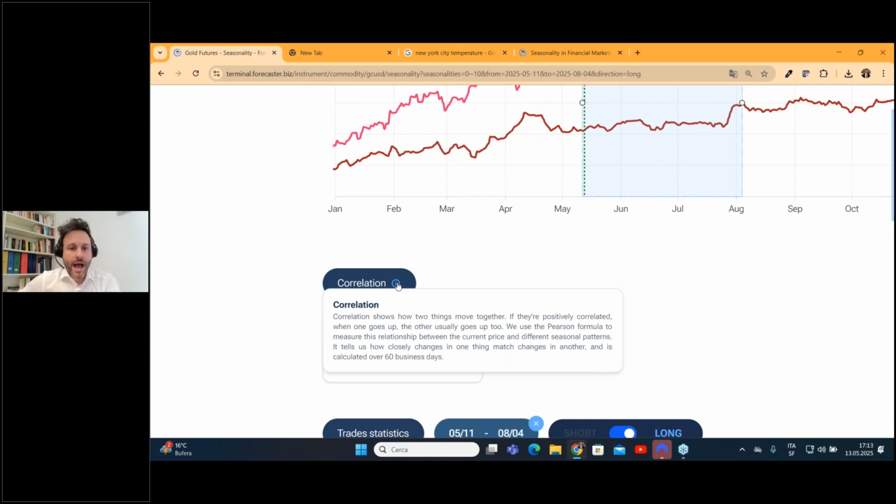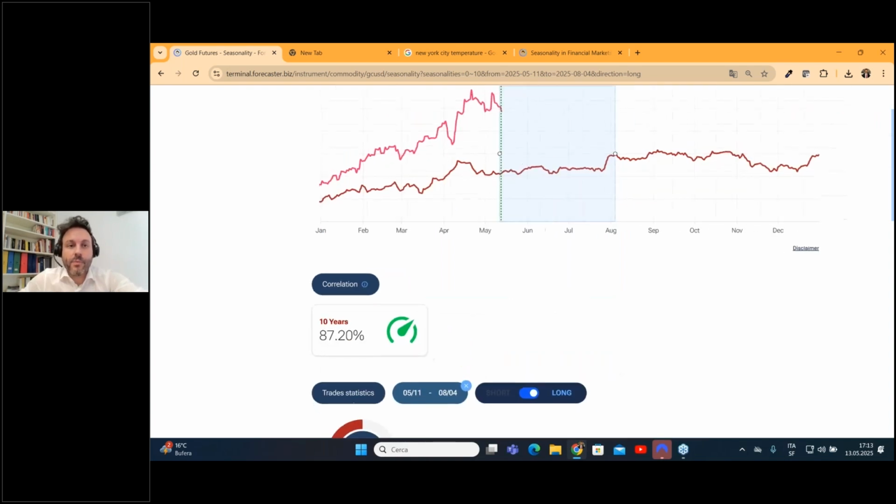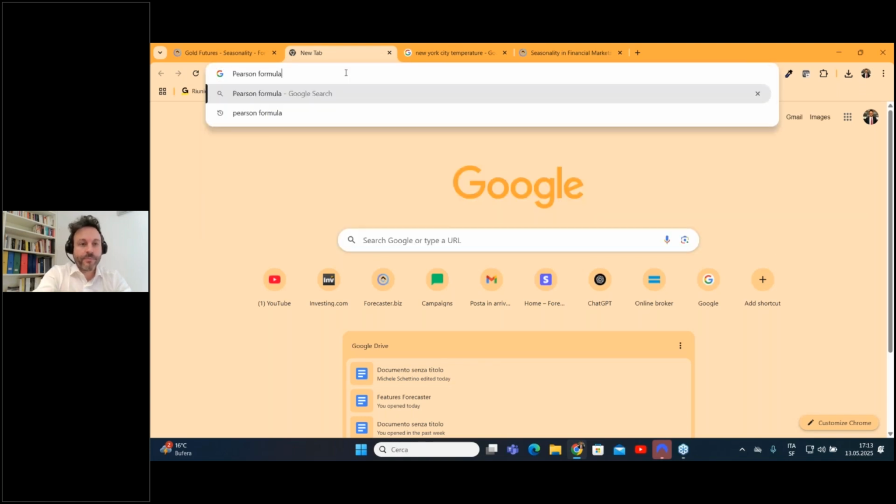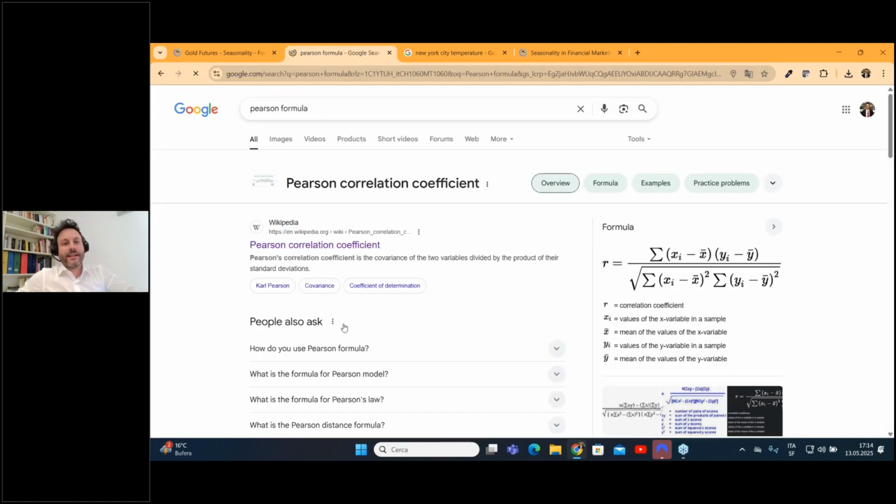Correlation shows how two things move together. If they are positively correlated, when one goes up, the other usually goes up too. We use the Pearson formula to measure this relationship between the current price and different seasonal patterns. It tells us how closely changes in one thing match changes in another, and it calculates over 60 business days, okay?